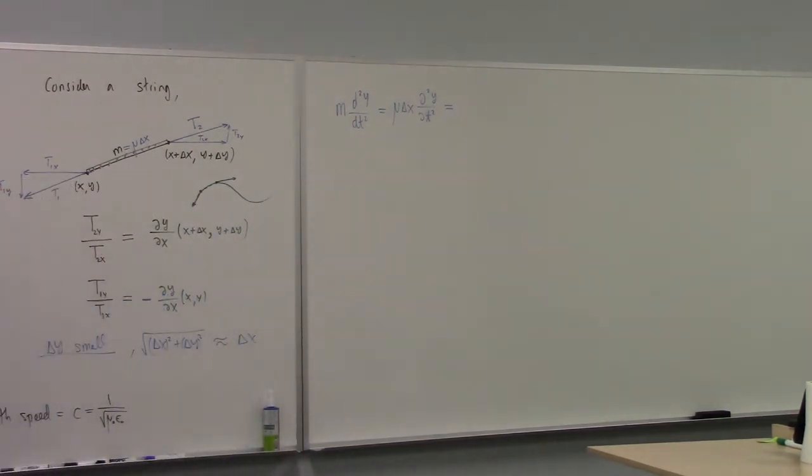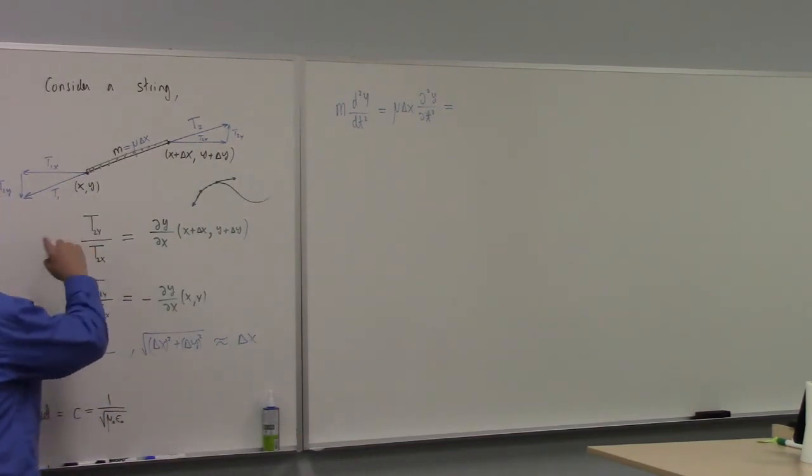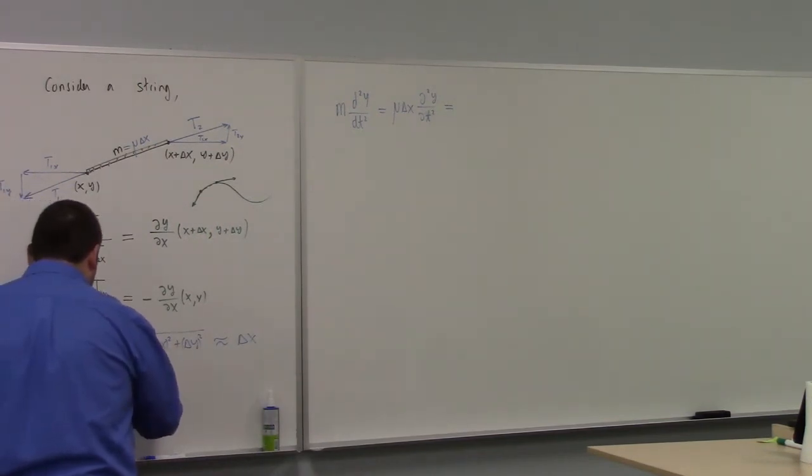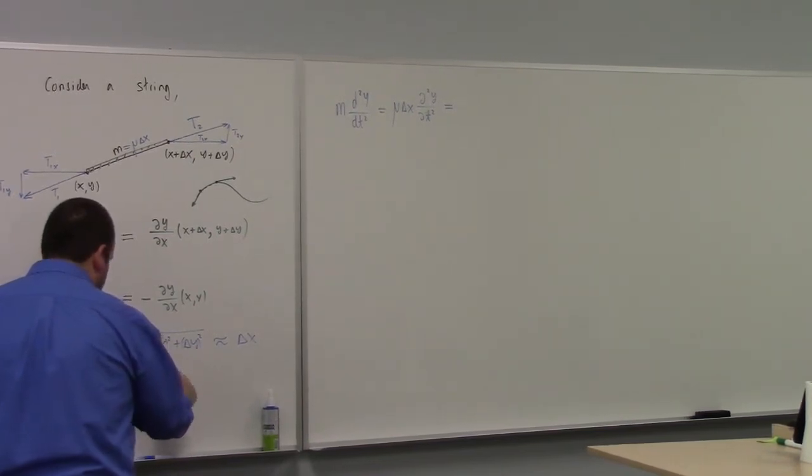I've already used that in saying the mass is mu times delta x, not mu times the square root of delta x squared plus delta y squared, which would be closer to the real length. It also means the net tension is essentially just the x part, so T1x is T and T2x is T.